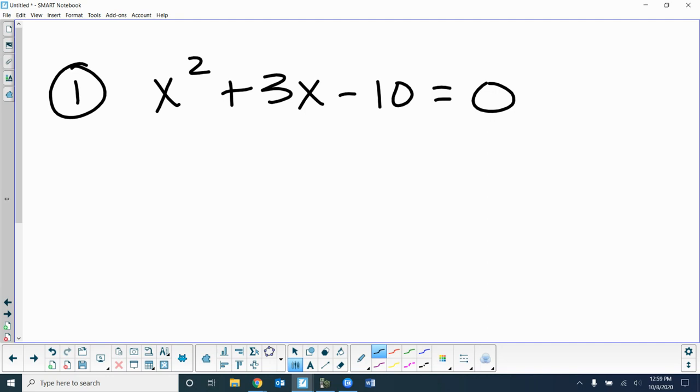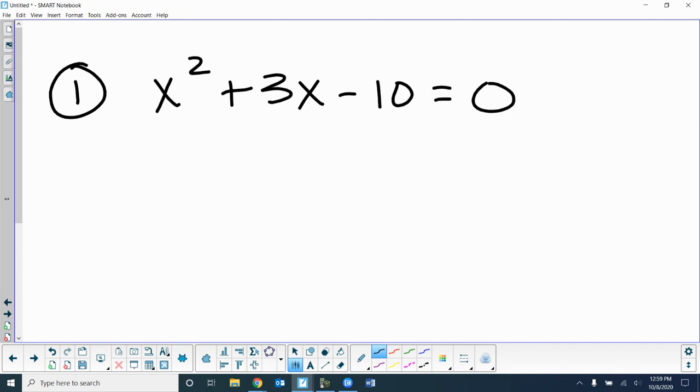All right, when we factor, first thing we do is look for a GCF, right? Is there a GCF? No. Difference of squares? No. Sum or difference of cubes? No. Special trinomial? No. Regular trinomial? Yes. And what's the last thing we look at if it's none of the other ones? Remember, grouping, right?